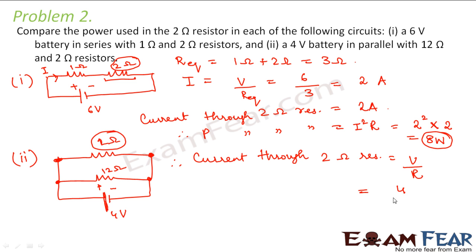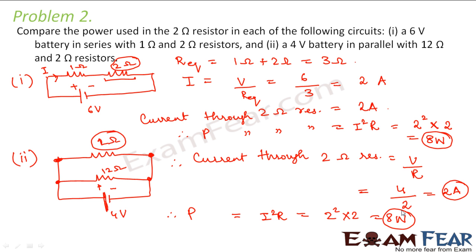V is equal to 4 volts divided by R is 2 ohms, which is equal to 2 amperes. So here also 2 amperes of current flows through this 2 ohm resistor. Therefore, the power through the 2 ohm resistor will be equal to I square into R, which is equal to 2 square into 2, that is equal to 8 watts. So in this case also, the amount of power used in the 2 ohm resistor is 8 watts.